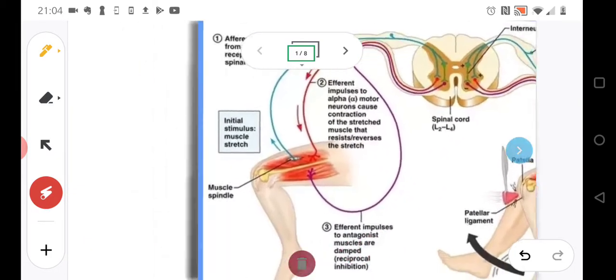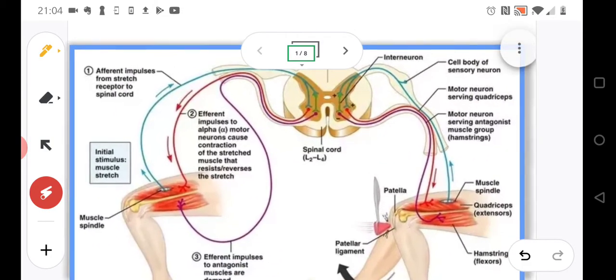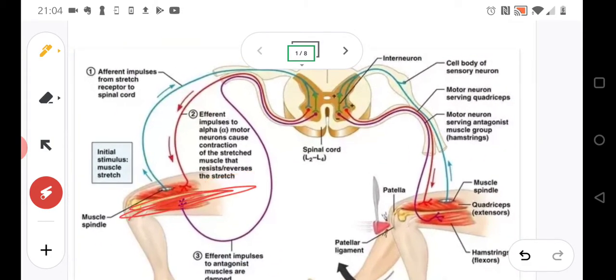When it gets longer, the stretch receptors would be activated. When it gets shorter, they are not. So the longer the muscle, the more activated are the receptors that recognize this elongation. The shorter it is, the less activated.